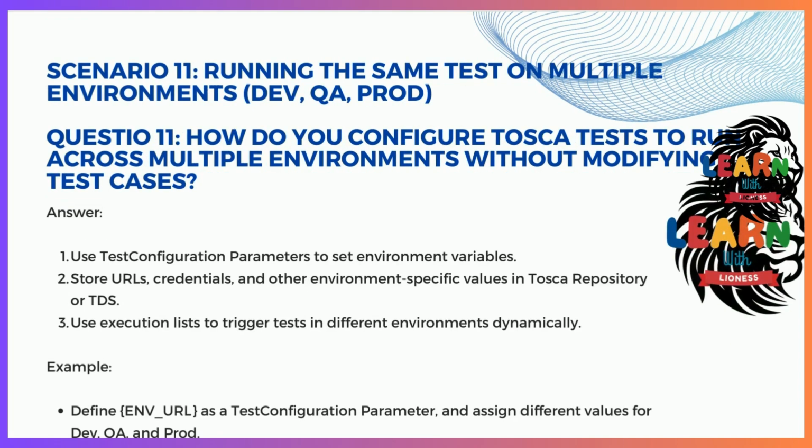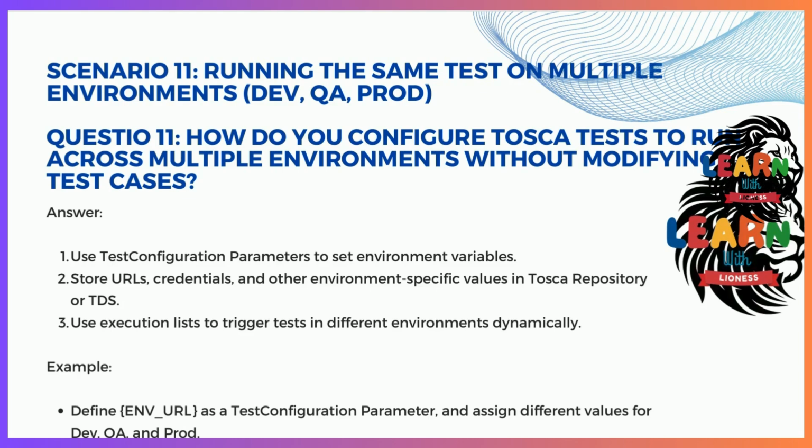Scenario 11. Running the same test on multiple environments: dev, QA, prod. Question 11. How do you configure Tosca tests to run across multiple environments without modifying test cases? Answer. 1. Use test configuration parameters to set environment variables. 2.